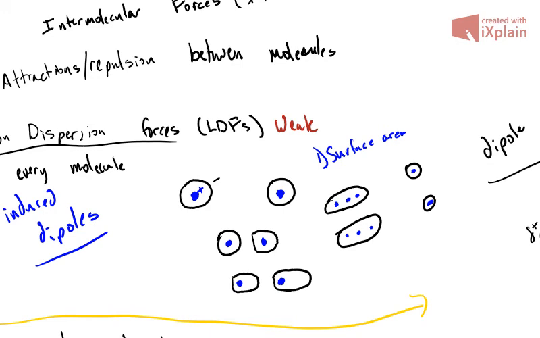They have more surface area of electrons and nuclei to work with. So surface area affects these intermolecular forces.